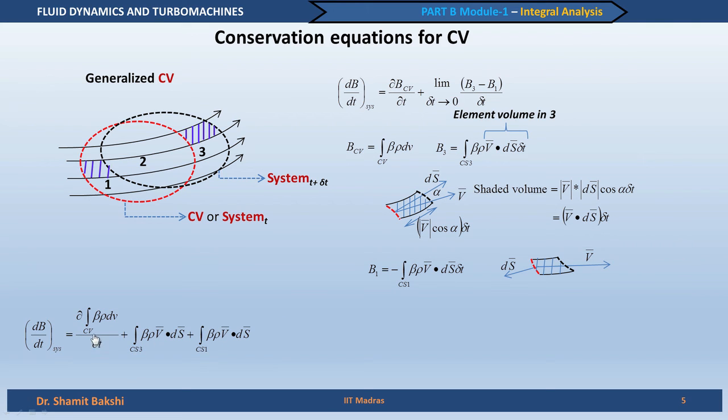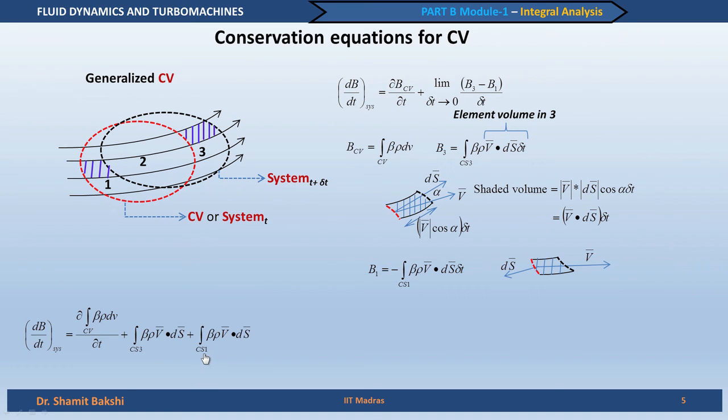The first part is written by plugging in the value of BCV, that means the value of the variable B within the control volume, a partial derivative of that, and the second part has these two terms. The first term pertains to the value of B which exits the control volume through the exiting surface, that is, the CS3 control surface.